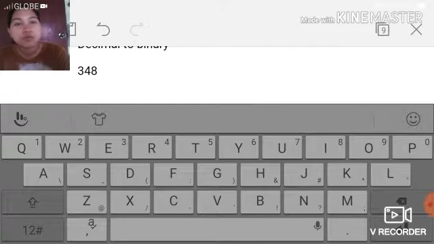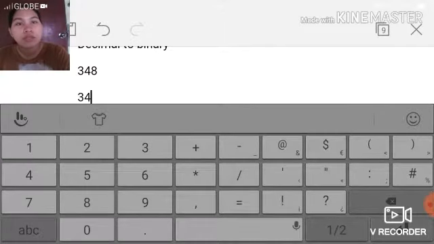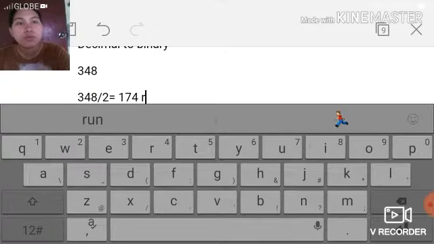We're going to use 348 divided by 2, which equals 174, remainder 0.